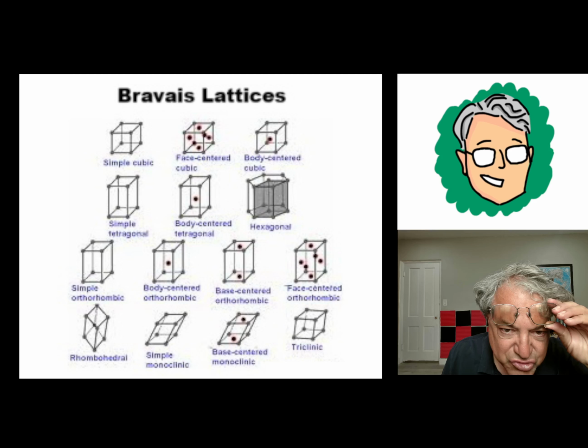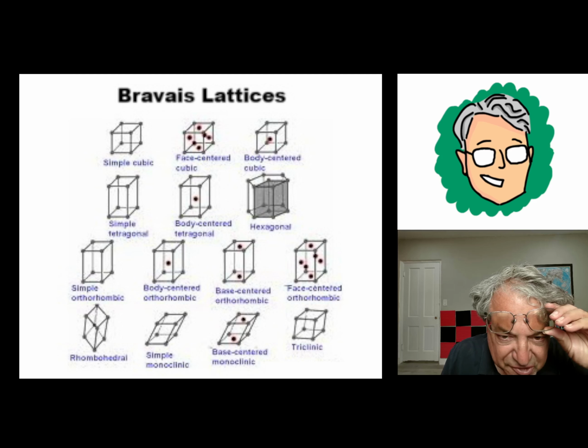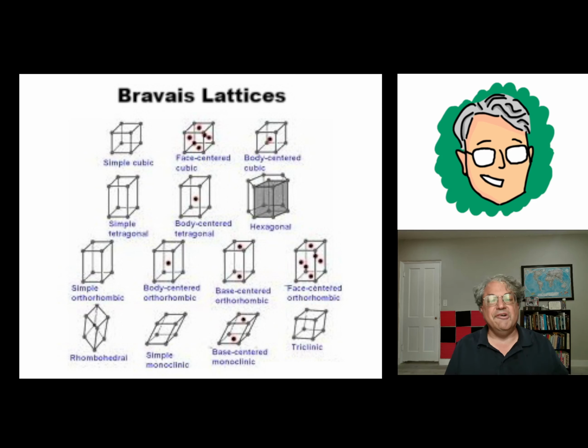And then simple tetragonal, body-centered tetragonal, hexagonal, simple orthorhombic, body-centered orthorhombic, base-centered orthorhombic, face-centered orthorhombic, rhombohedral, simple monoclinic, base-centered monoclinic, and triclinic. And that's what they all look like.